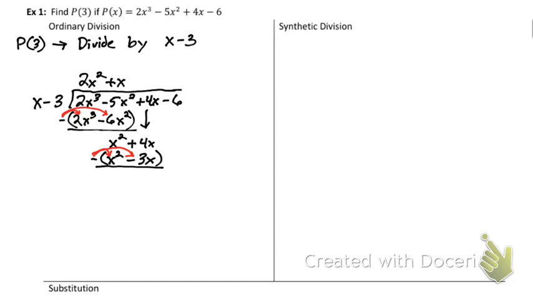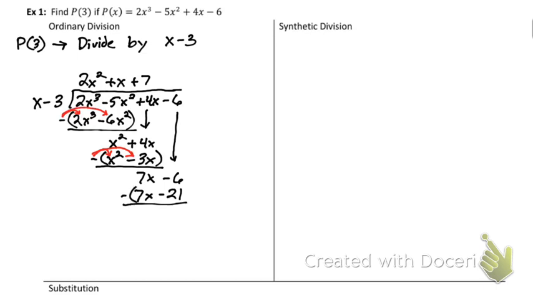So that means it's x squared minus x squared, which gives you 0. And then we have plus 4x plus 3x, which will give us 7x. Carry down that negative 6. We need to figure out what do I multiply x by to give me 7x. So we're just going to multiply by 7. So that's going to give me 7x minus 21.